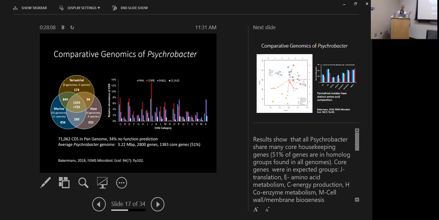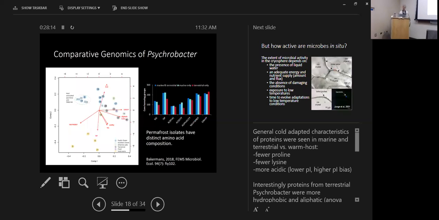So unfortunately, no smoking gun here for genes needed to live in the permafrost environment, but that's not too surprising either. We can still see the changes in amino acid composition that look like cold adaptation. This is a PCA plot, looking at not all of the amino acid composition, but some of the ones that are most notable for cold adaptation, like proline.